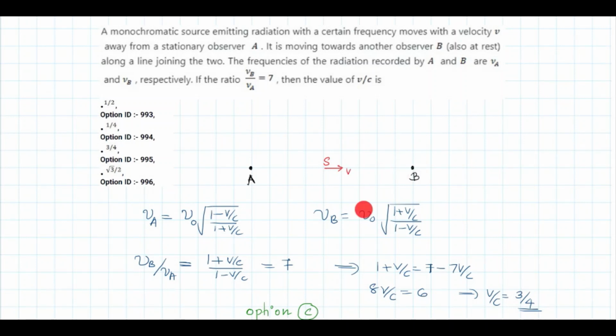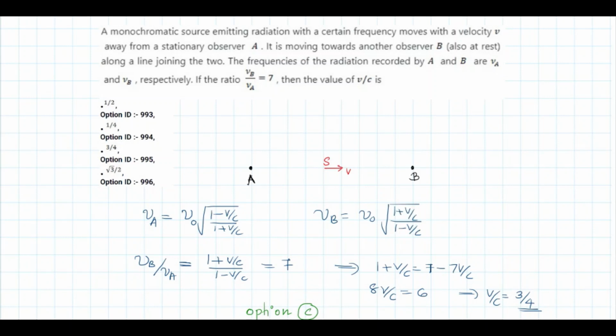But for the observer B, the source is moving towards the observer. Therefore, the frequency will increase. The equation is nu B, the frequency measured by B, equal to actual frequency nu 0 into square root of 1 plus v by c by 1 minus v by c. Because this will increase, the numerator is 1 plus v by c, the denominator is 1 minus v by c. This quantity is greater than 1.